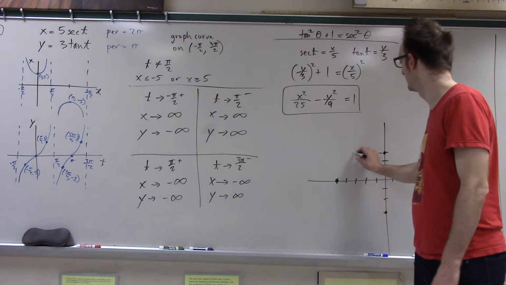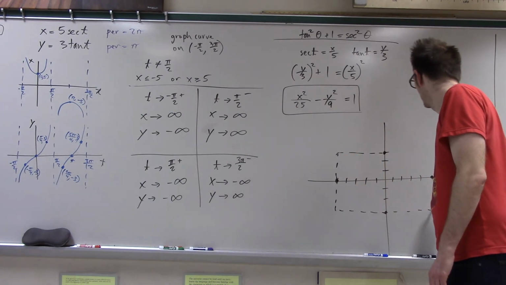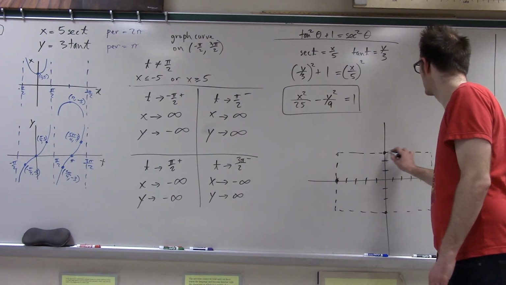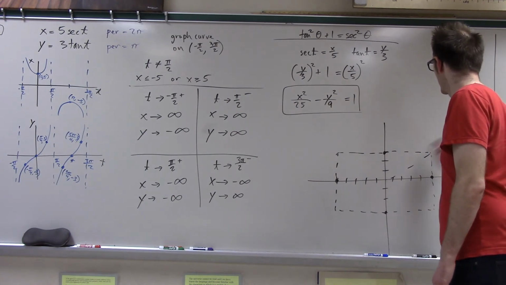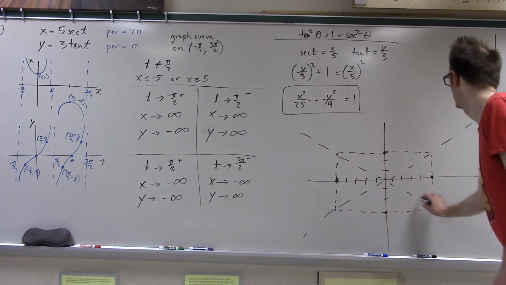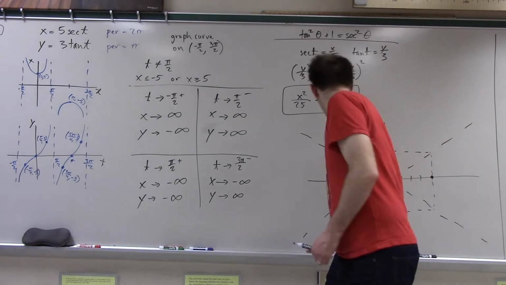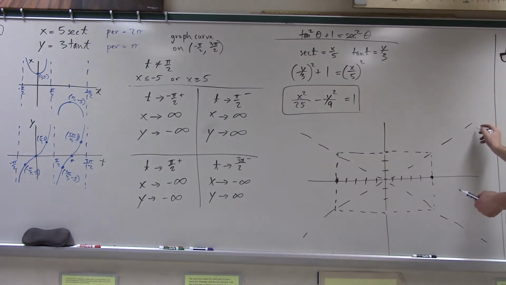And then making the happy box and the diagonals of the happy box, and I will now make the hyperbola itself, which is going to come in like this.